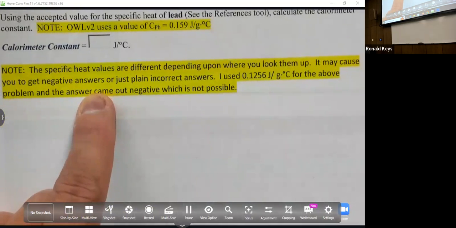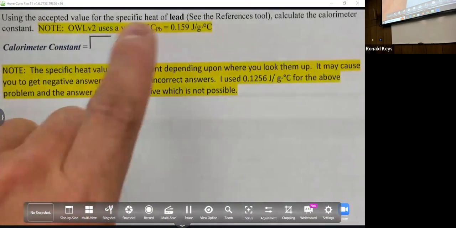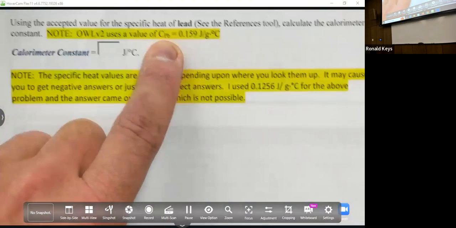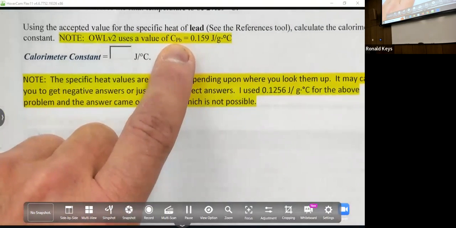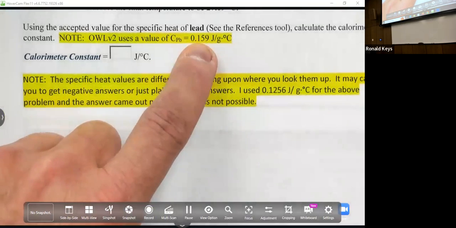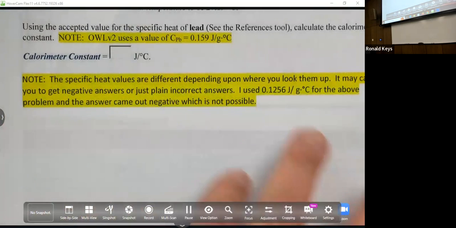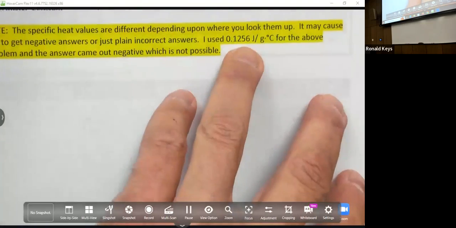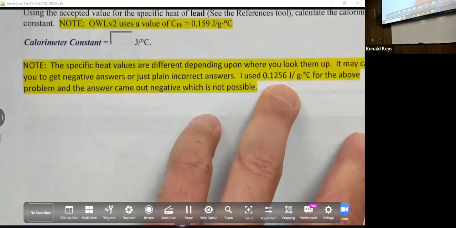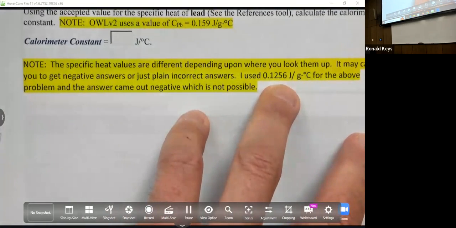Because I did not use the OWL value for the specific heat of lead. Now, OWL uses lead specific heat of 0.159. I don't know if I went to Google or I had some table, or the back of a textbook. Wherever I found it, I used 0.1256. That created a nightmare because my answer came out negative.